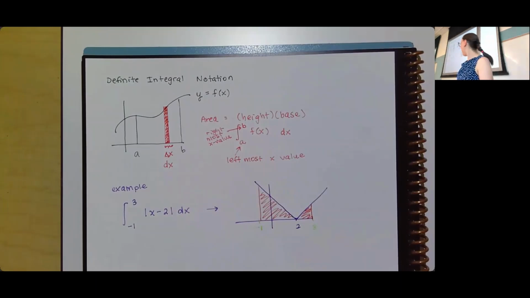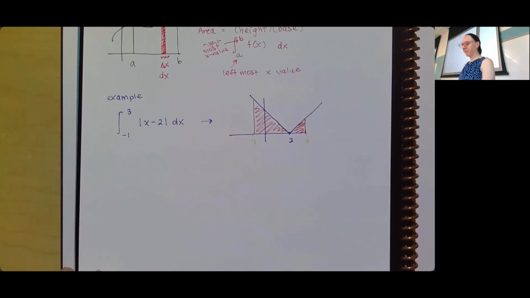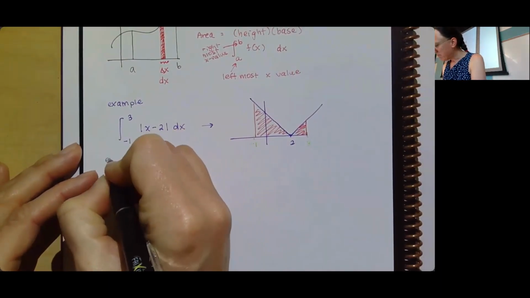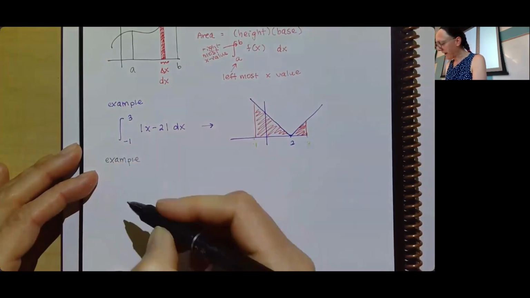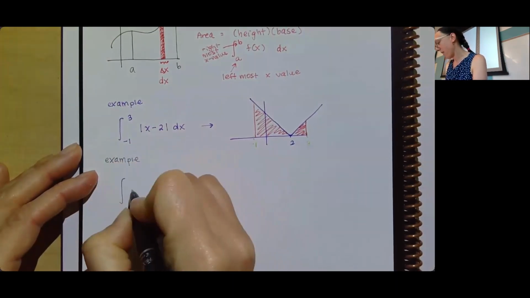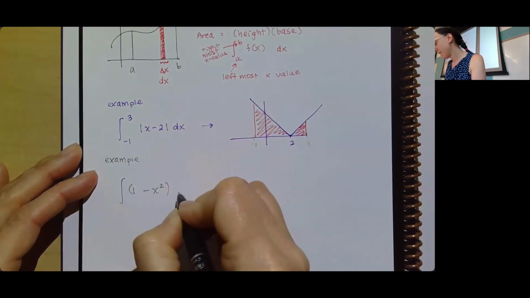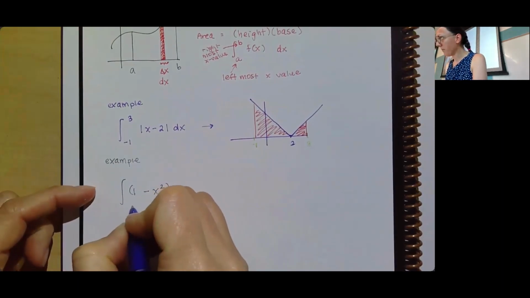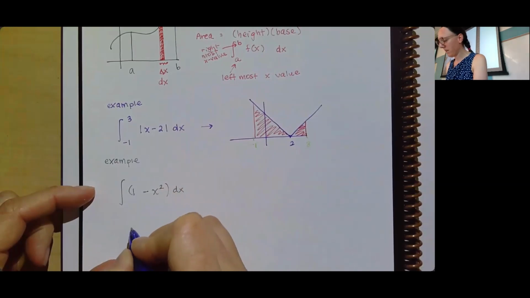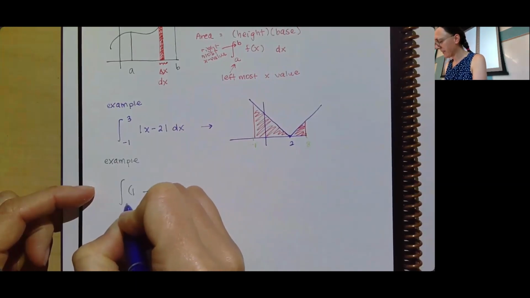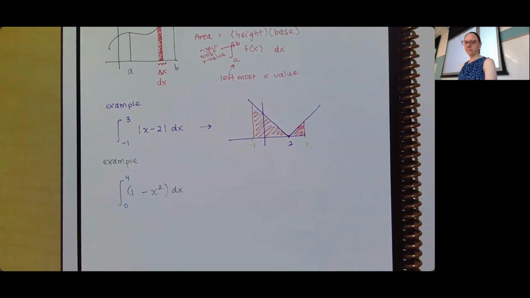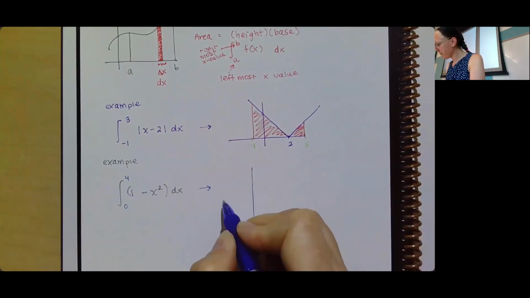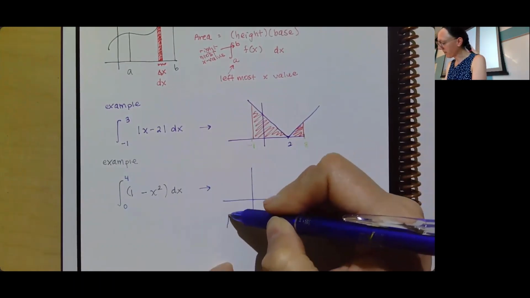So one of those properties that we have of this sort of notation is, if I had something that maybe looked like the integral of 1 minus x squared dx, and I was talking about the area from 0 to 4. In terms of the picture that goes with this, I'd have this parabola that's concave down.